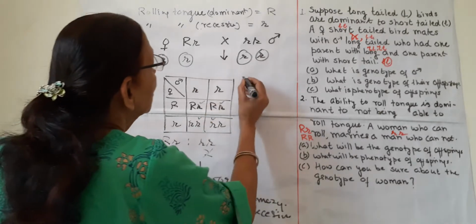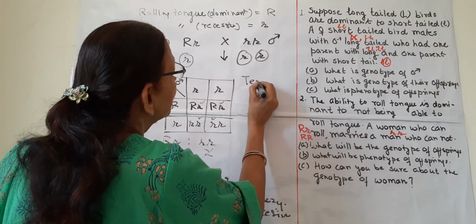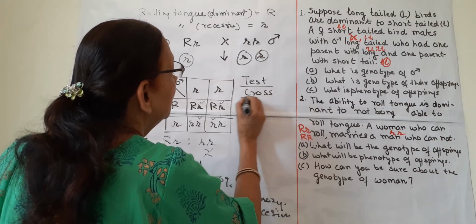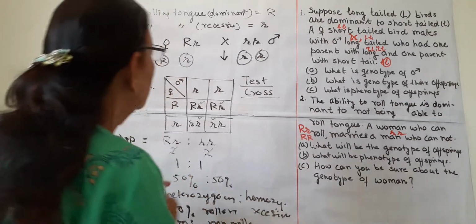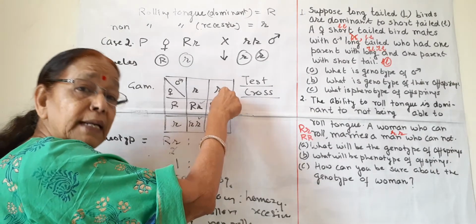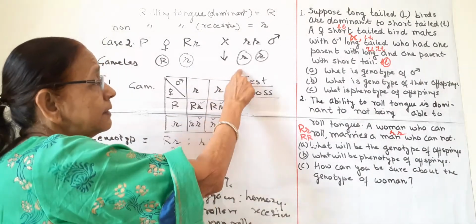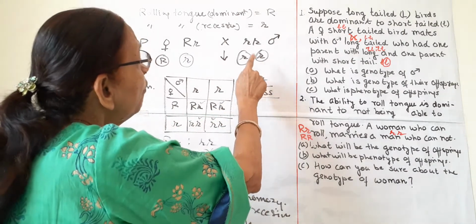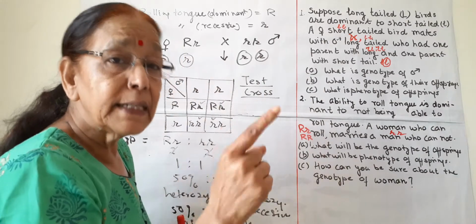These type of crosses are also known as test cross. And in test cross, one of the parents is taken to be recessive. Both the alleles are recessive. In test crosses, one parent should be recessive.